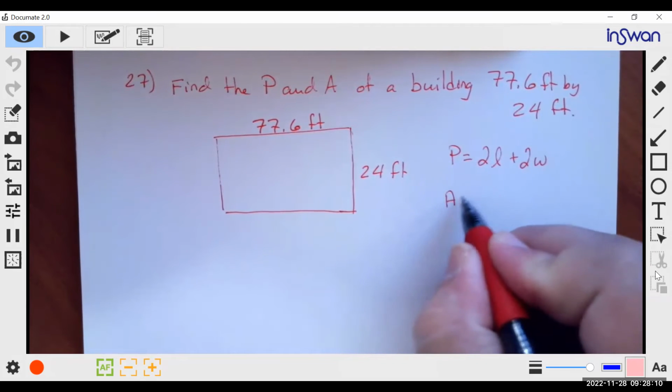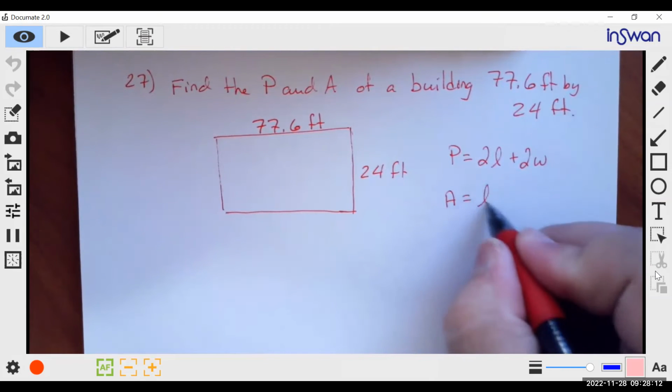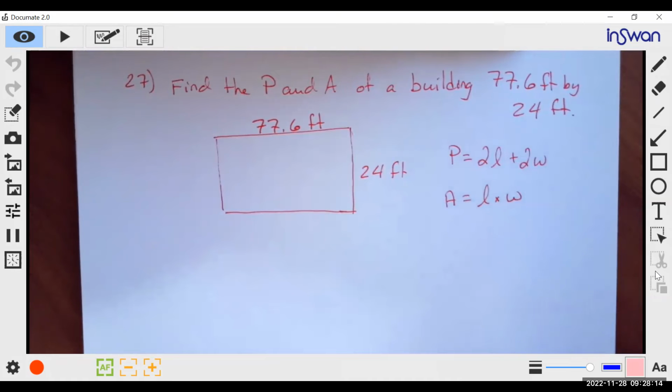And the formula for area is length times width.